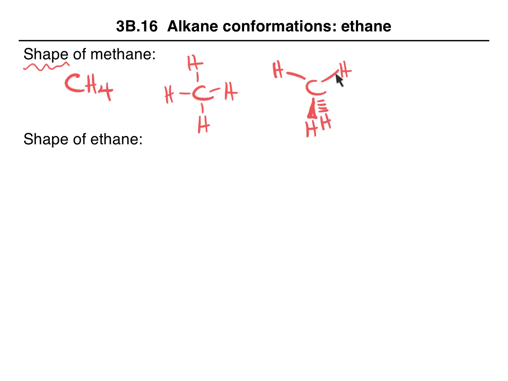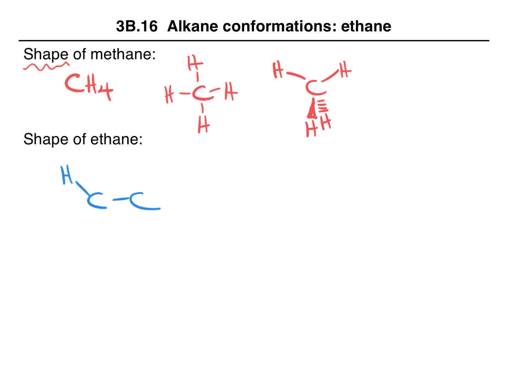Now, all of these bonds are sigma bonds, and so we do have free rotation around these bonds, but if we get rotation, we don't see any difference because it's still a hydrogen atom. So with methane, we can fully describe the shape just by talking about the tetrahedral arrangement of atoms. When we look at ethane, however, we can draw our two carbons.